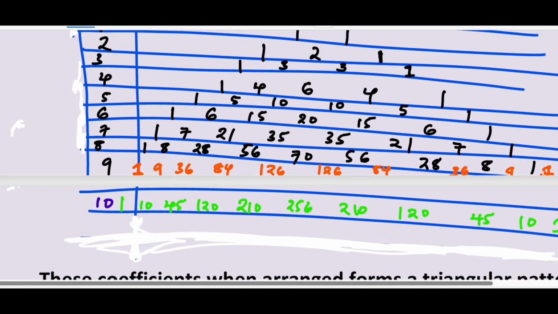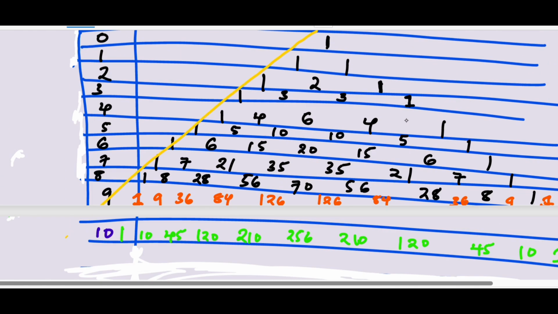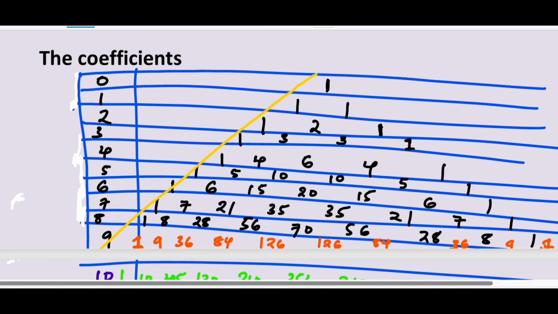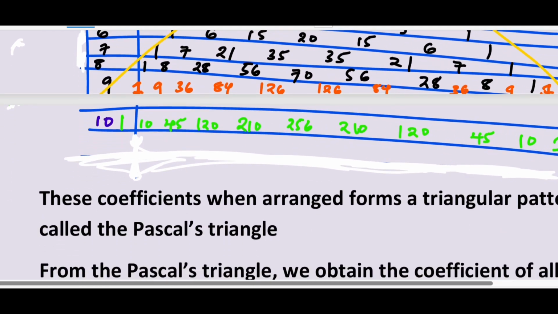Check at the back of your mathematical table. You'll be able to see those particular coefficients given, forming a triangular shape like this. This is what we are calling the Pascal's triangle.